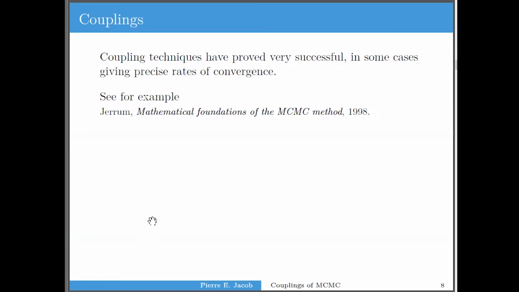And it turns out to have been quite successful and continues to be successful. Here's a reference by Mark Jerrum that provides a really nice introduction to the idea, with applications mostly to Markov chains that have been used in combinatorics to count things like colorings of graphs, for example. But it can be used in many settings, like in statistical settings to study Langevin-based methods, Hamiltonian Monte Carlo, and so on.